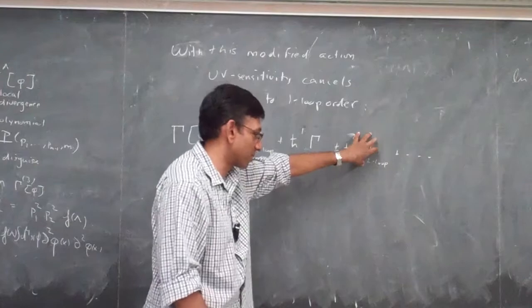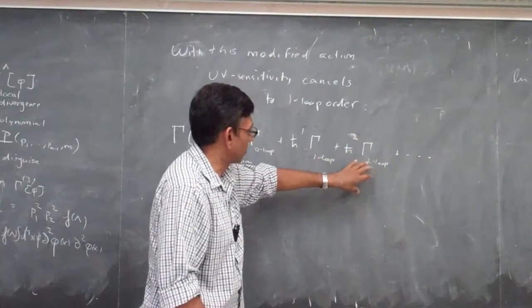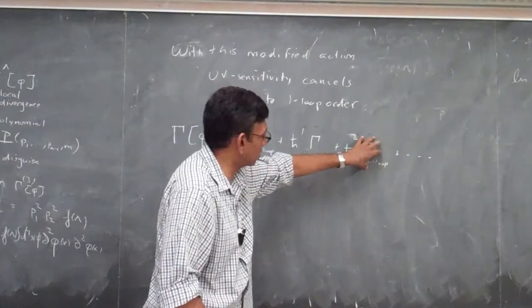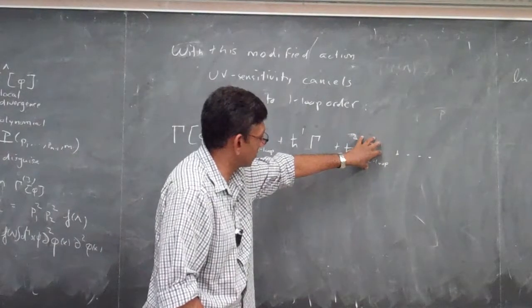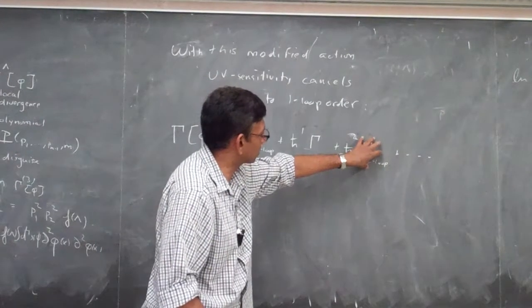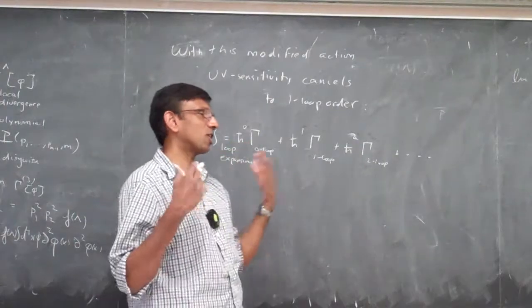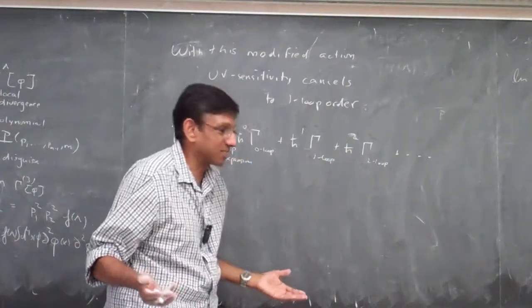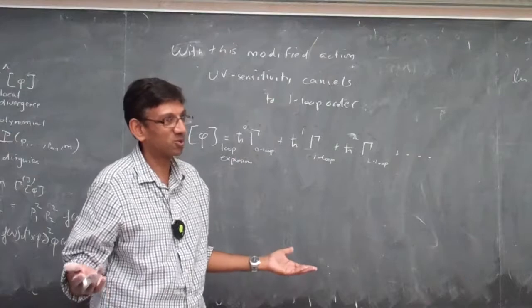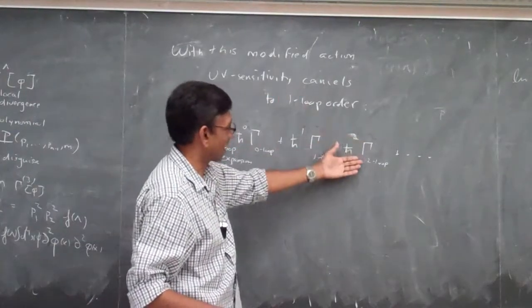Remember the loop counting parameter for say phi to the 4th is lambda. So any 2 loop Green's function here is going to be lambda squared suppressed with respect to this. But since I want to talk about theories with different coupling constants, I told you how to think about it in terms of this h bar, we can just write it like this.